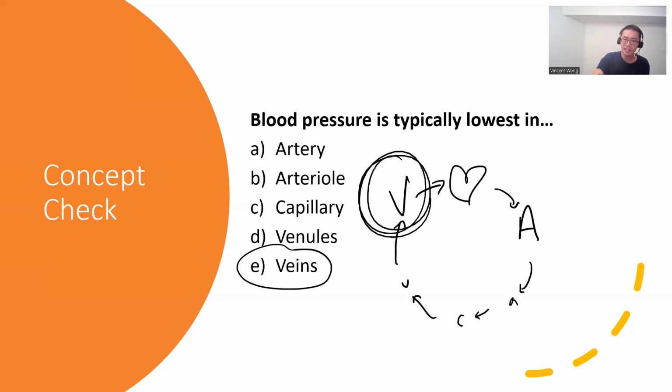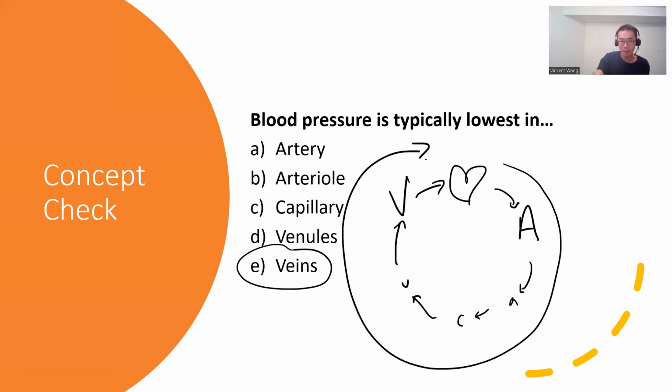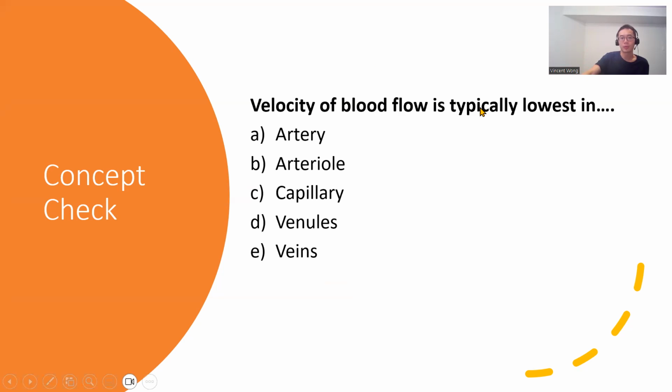They're like, hey, the veins are really close to the heart, so shouldn't it be high? No, we're talking about from start to finish. There's directionality associated with it. It's a one-way street, right? So the blood pressure as you go this way around drops until you get to the vena cava, the veins, lowest.